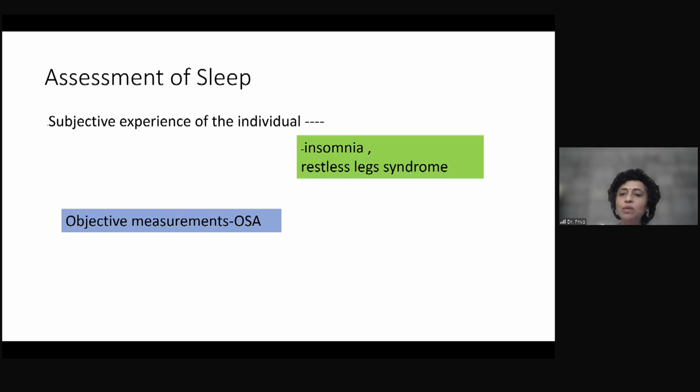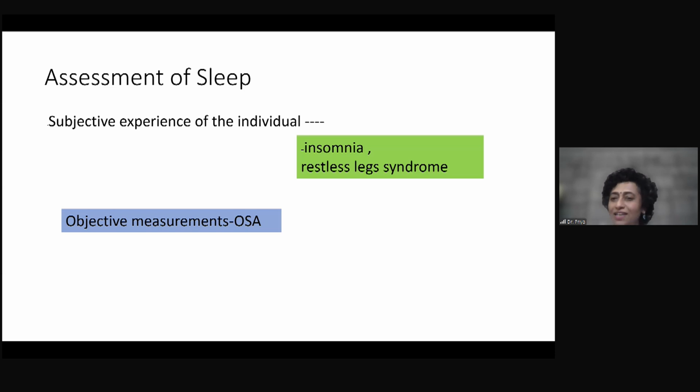In the subjective domain, we ask the patient about the experience of the individual, which we normally as sleep physicians don't do, but I think we should make it a practice to do that to all our patients, especially after we prescribe the CPAP. Because many of them still complain that their sleep hasn't been of a good quality.